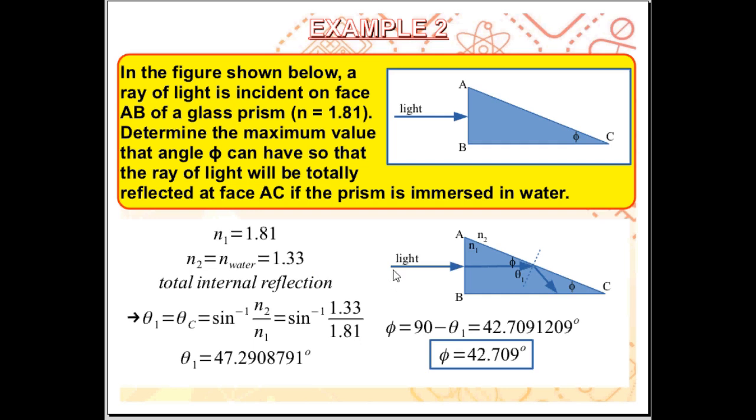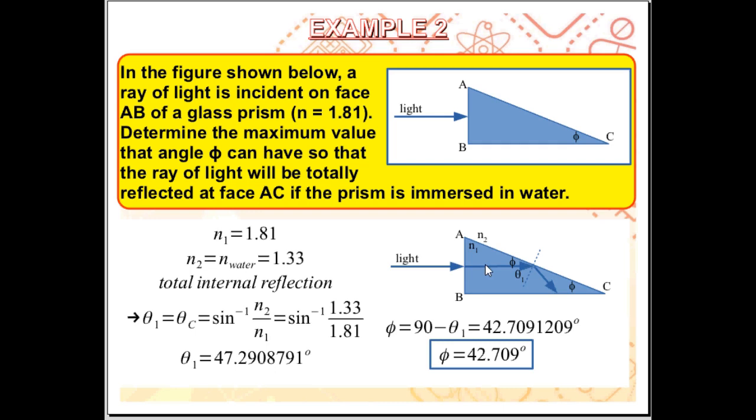When light encounters an interface and the light is perpendicular to the interface, the law of refraction will simply tell you that the light will continue on straight into the other medium.